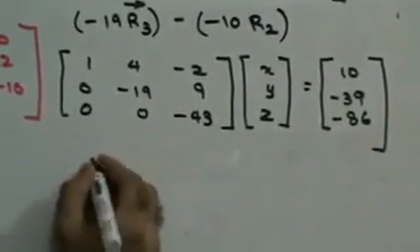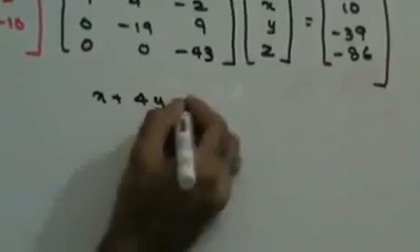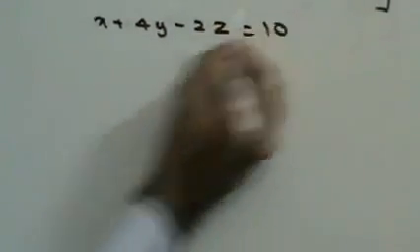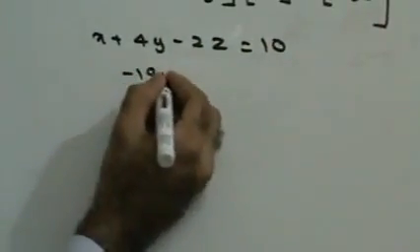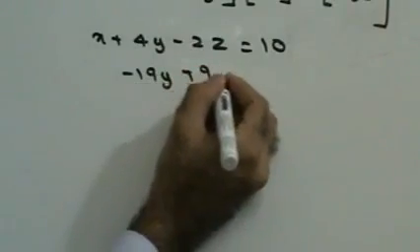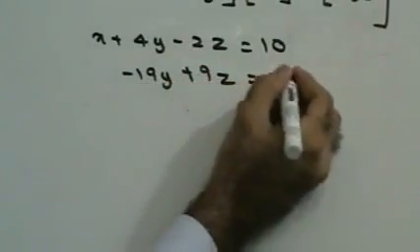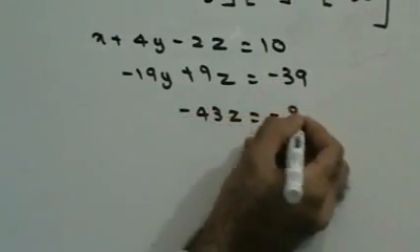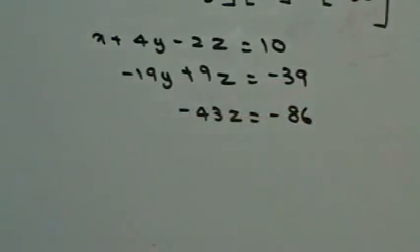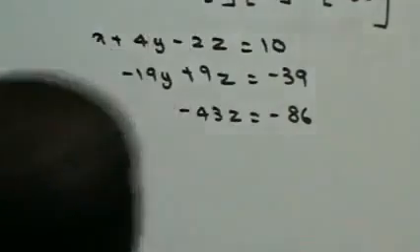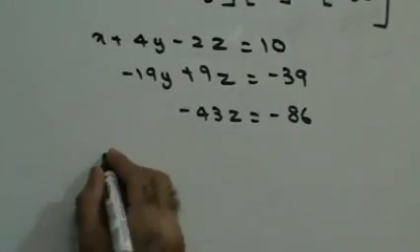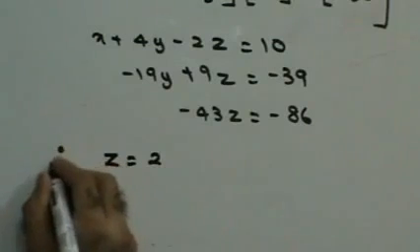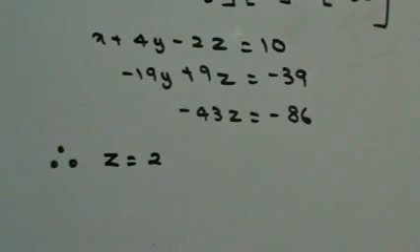So this can be written as x plus 4y minus 2z is 10, minus 19y plus 9z is minus 39, minus 43z is minus 86. Right? In which case you will get that z is equal to 2. Z is going to be minus 86 divided by minus 43.